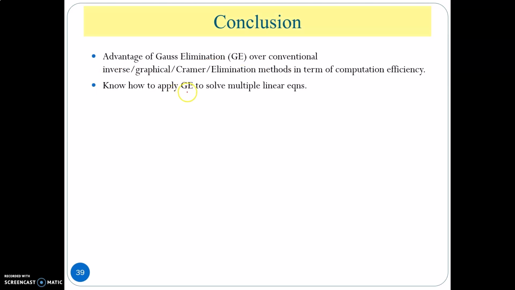You must know how to apply the Gaussian elimination to solve multiple linear equations. For example, we have a matrix formulation Ax equal to b and we are going to find the unknown x. In this case, we need to perform the forward elimination in order to obtain the A matrix in upper triangular format, where you need to have three 0s at the non-diagonal part here for a 3 times 3 matrix.